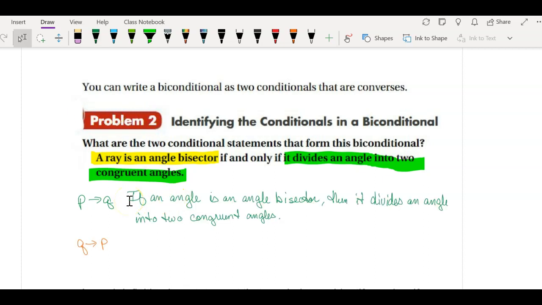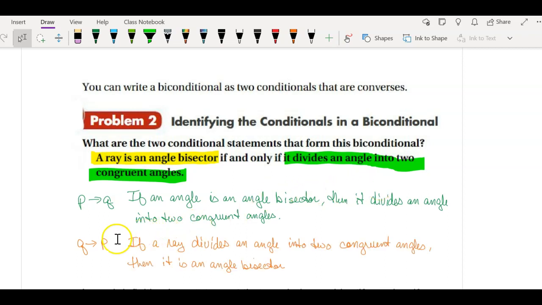Now we're going to write if Q, then P. If a ray divides an angle into two congruent angles, then it is an angle bisector. So we're just flipping the order. Once again, if a ray divides an angle into two congruent angles, then it is an angle bisector.